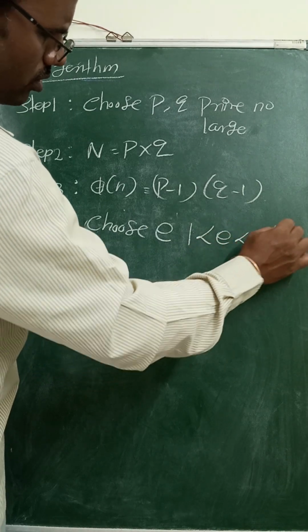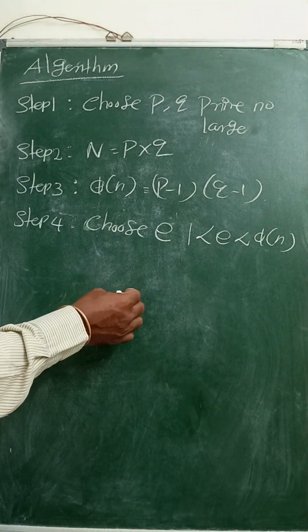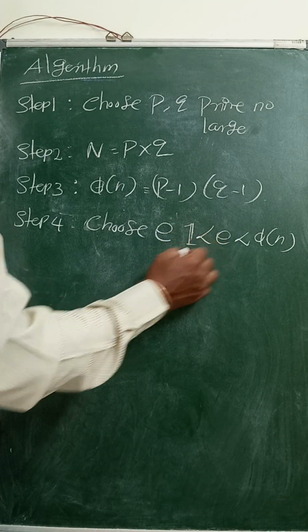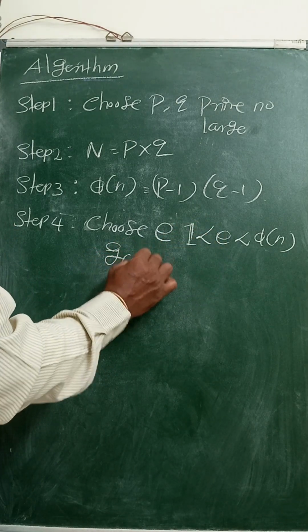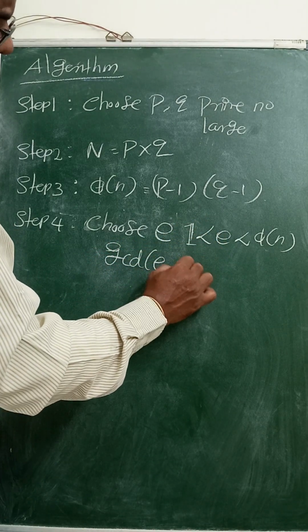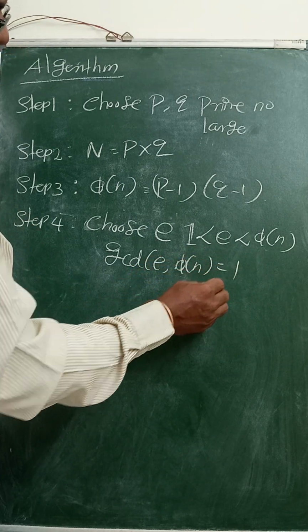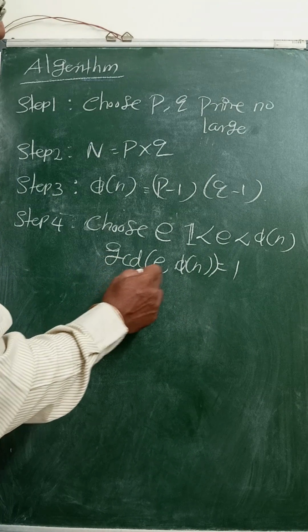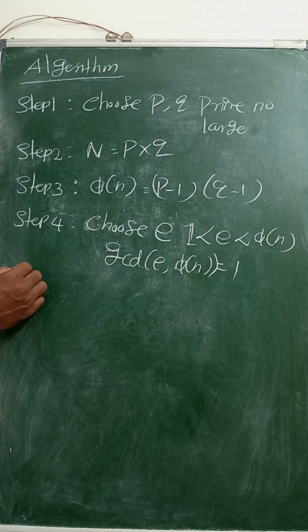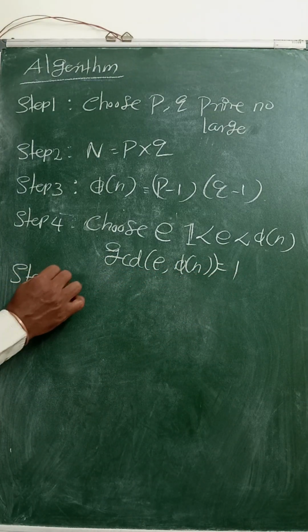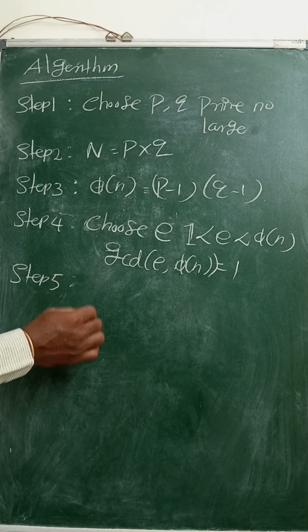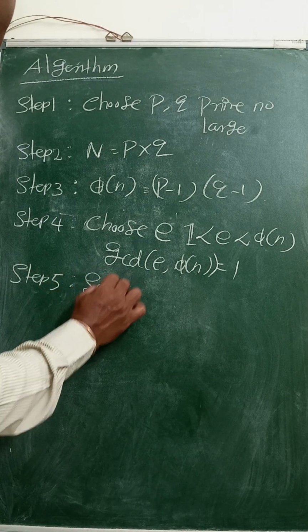We set the condition that e must be greater than 1 and less than the totient function of n, and also gcd of e comma phi of n equals 1. Only when both conditions are satisfied do we select that number as e.